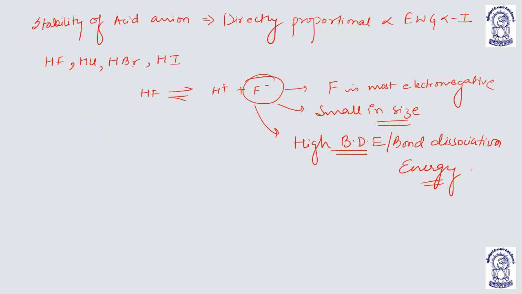The correct order will be this, because this is the order of decreasing bond strength, and decreasing bond strength means H can be easily released in the form of H plus.